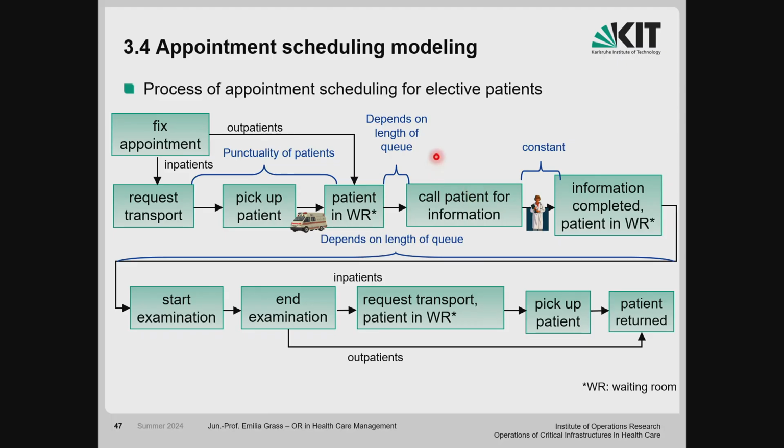So depending on how many patients are waiting in front of me, it will take more time to be informed. And the same here. So the entire second row here, starting an examination, ending, and so on, this also depends on the queue length. Okay? So how many are in front of me, how many patients are behind me. We also know now at least the distribution type for the examination time itself. That was not known before.